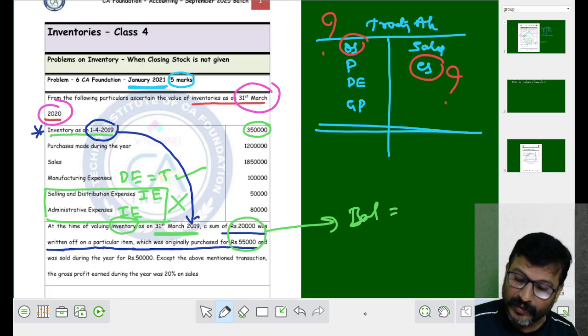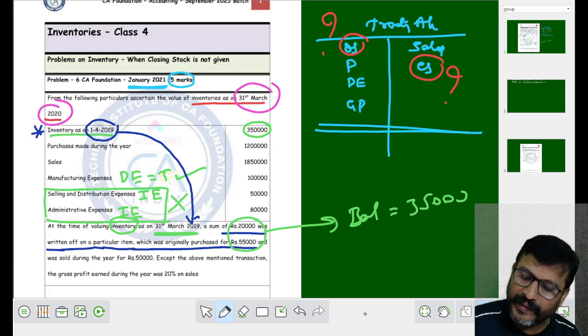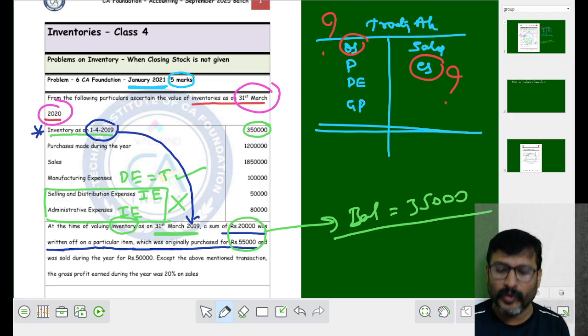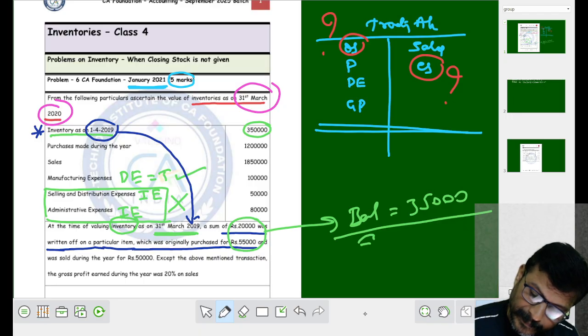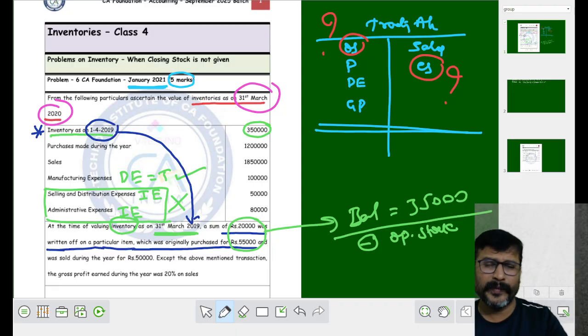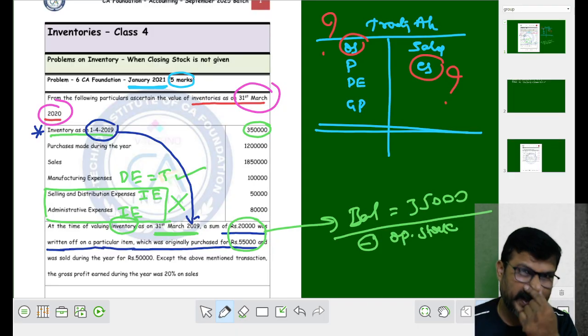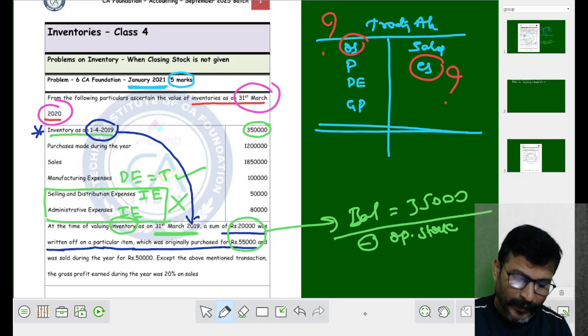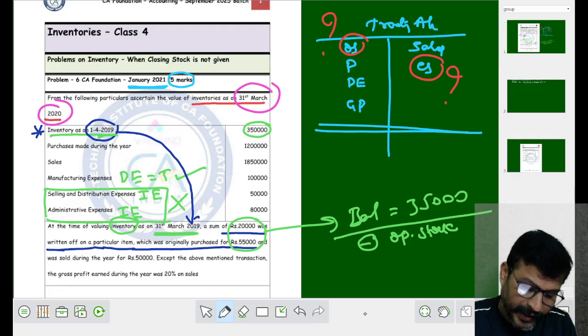Balance, it is left out, 35,000. What to do? It is to be subtracted out of opening stock. Did you understand what I told? I repeat my explanation. At the time of valuing the inventory, the opening inventory on April 2019: a sum of 20,000 was written off on a particular item.